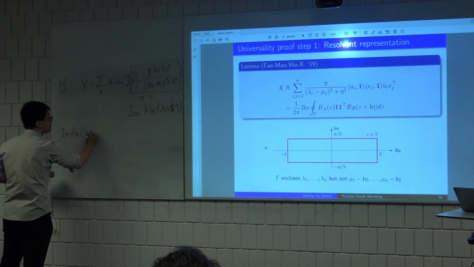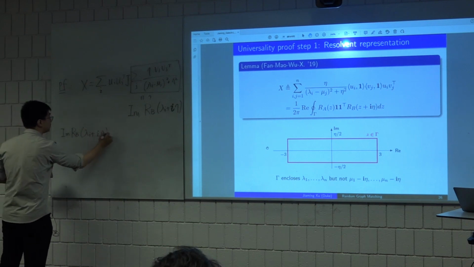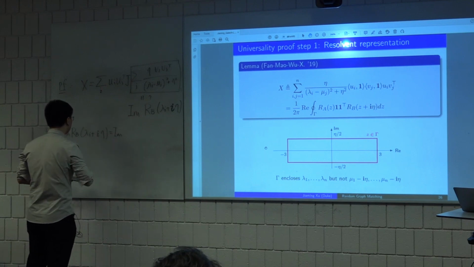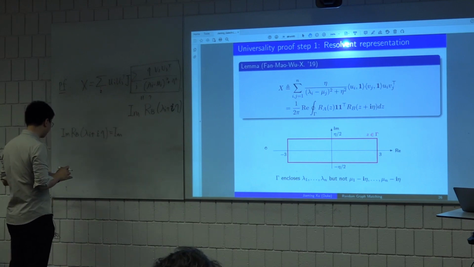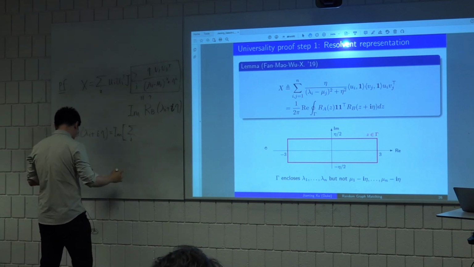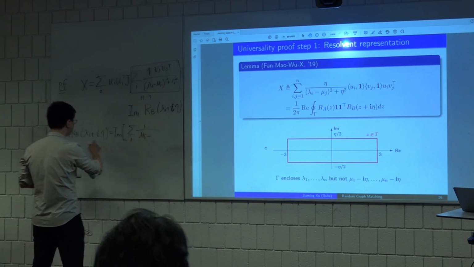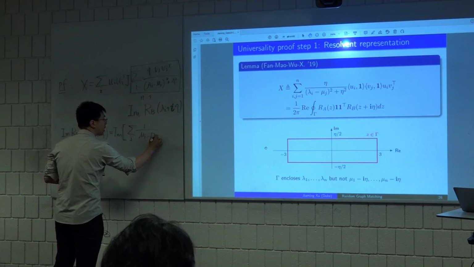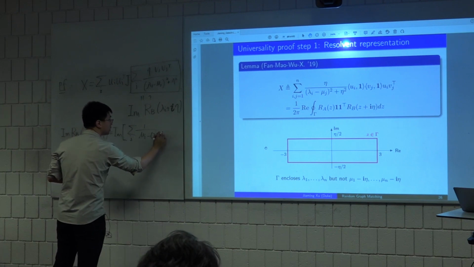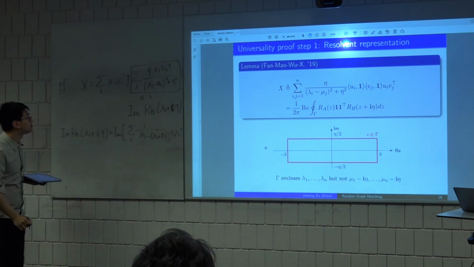So this is just plugging in the definition. If you plug in the definition, the R_B, if you remember, that's the sum over j, and I should plug in the eigenvalues mu_j minus this guy, so it's lambda_i plus i eta, v_j transpose, right?